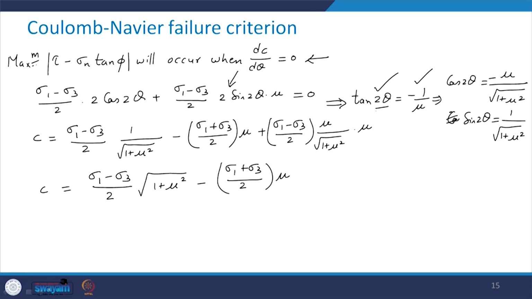If you have tan 2 theta equal to minus 1 upon mu, we can find cos 2 theta and sin 2 theta in terms of mu.